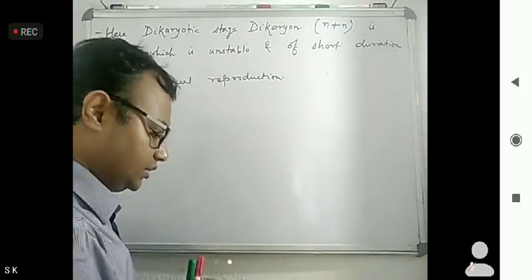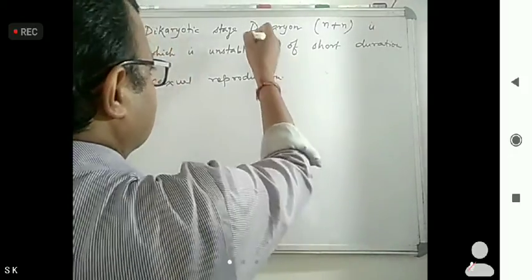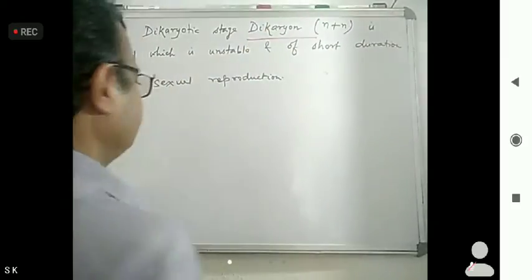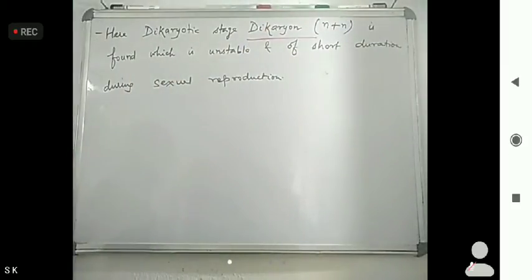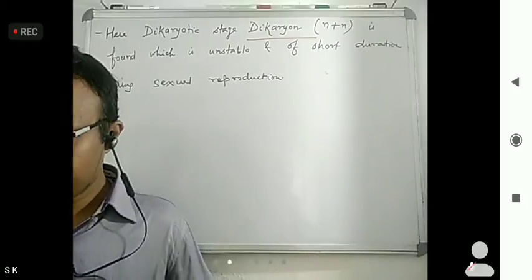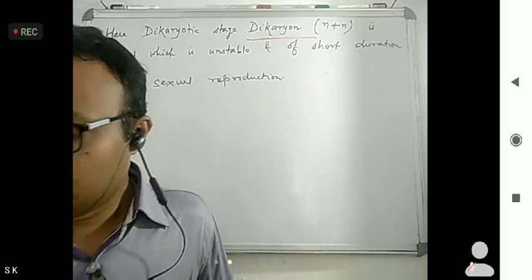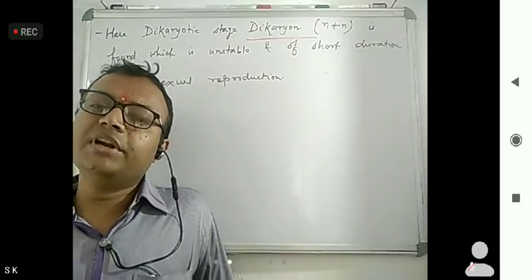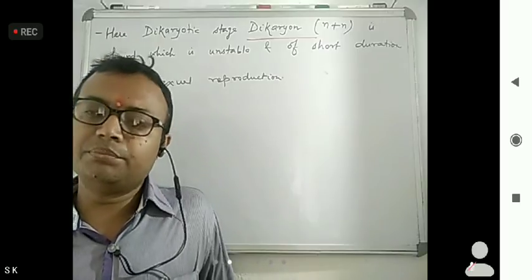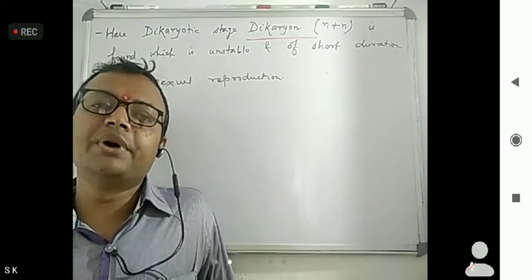Okay, so this dikaryon stage is also the feature of Basidiomycetes. Okay, now if we are seeing their common example, so their common example is Agaricus campestris.